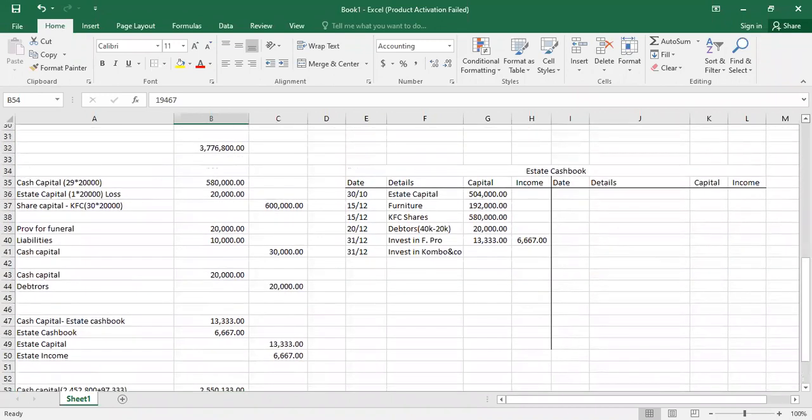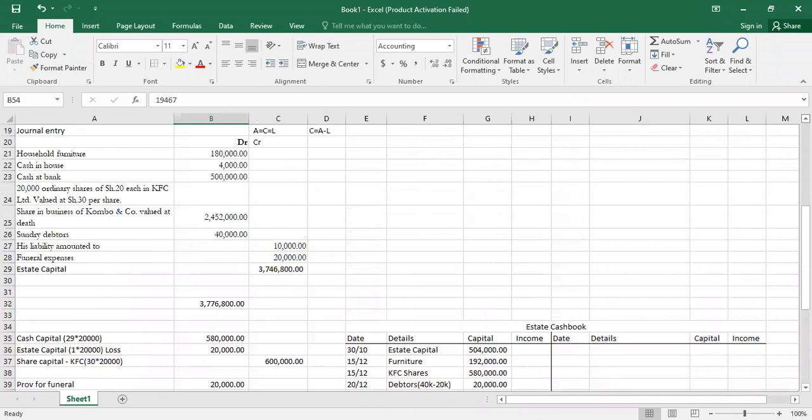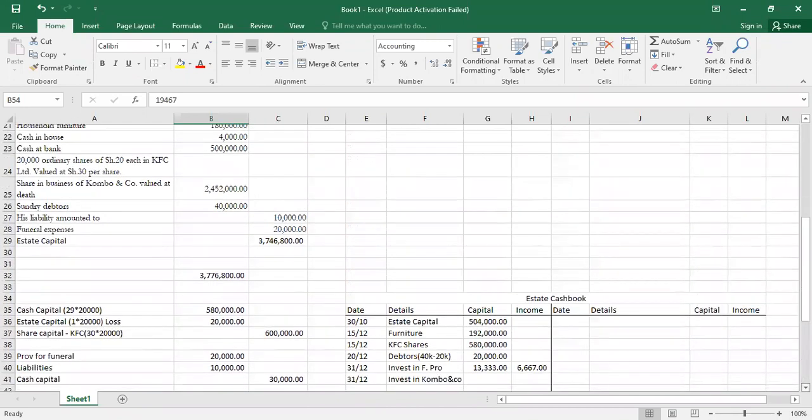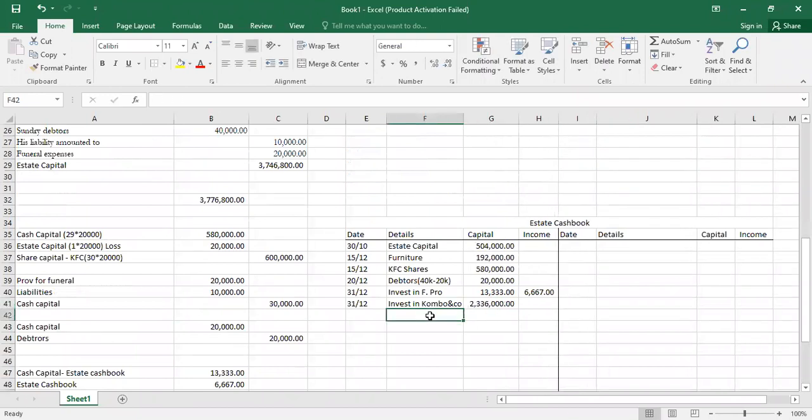He had calculated that figure. 2336. Then we have the investment. Now we document the investment in Kombo, the one that we are receiving the interest for, right?